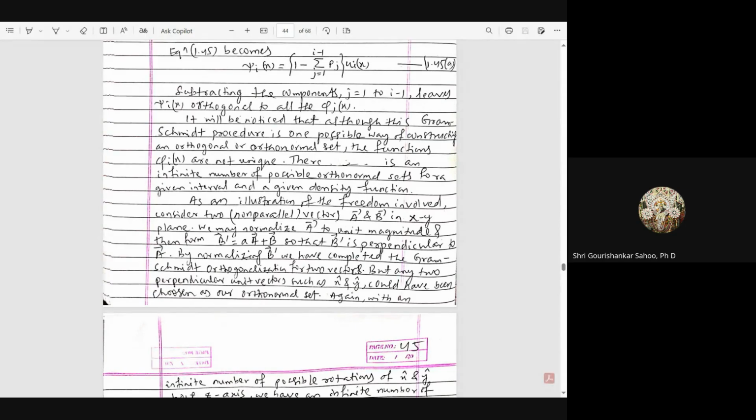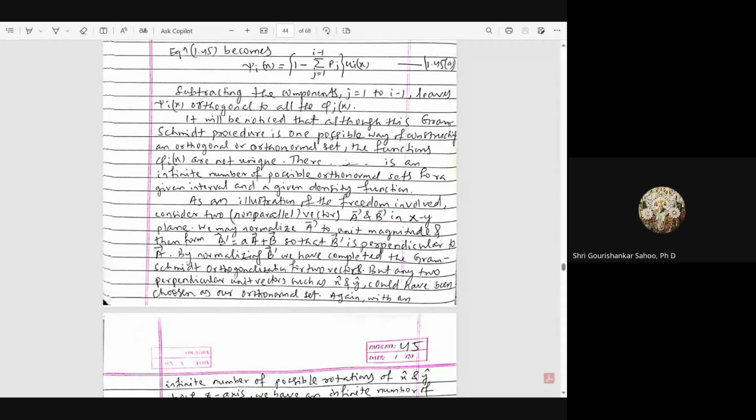As an illustration of the freedom involved, consider two non-parallel vectors A and B in the xy plane. So you may normalize A to unit magnitude and then form B' vector equal to a multiplied by A vector plus B vector, so that B' is perpendicular to A vector. By normalizing B' vector, we have completed the Gram-Schmidt orthogonalization for two vectors.